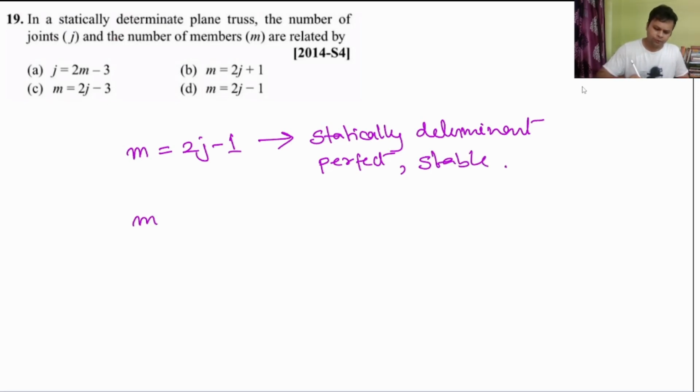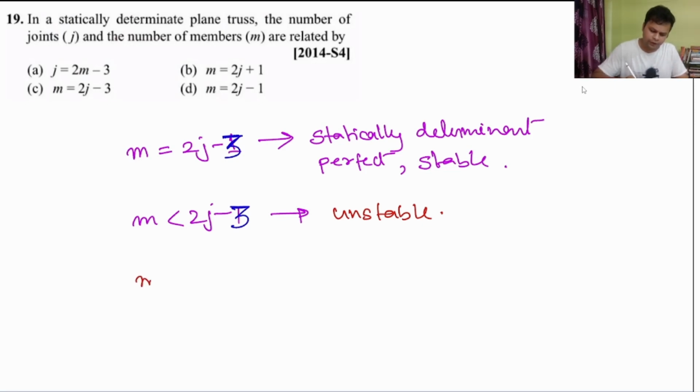If m becomes smaller than 2j minus 3, it becomes an unstable truss.